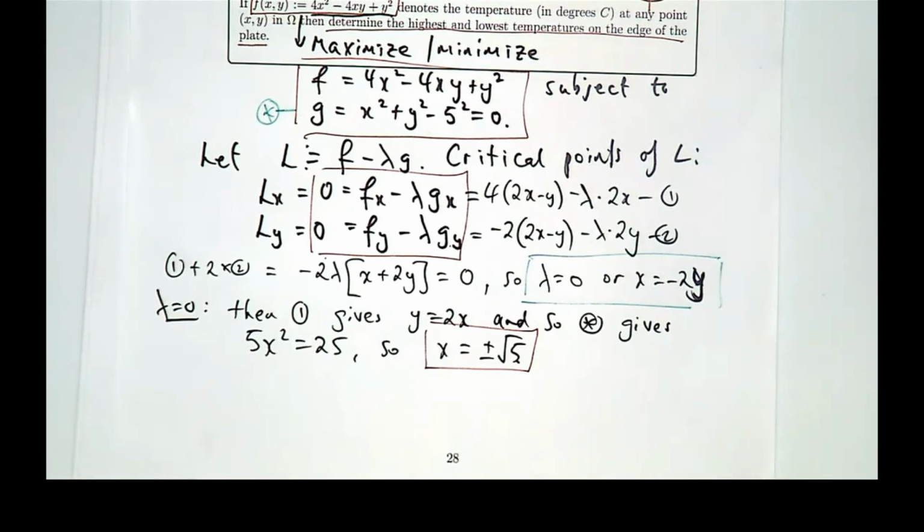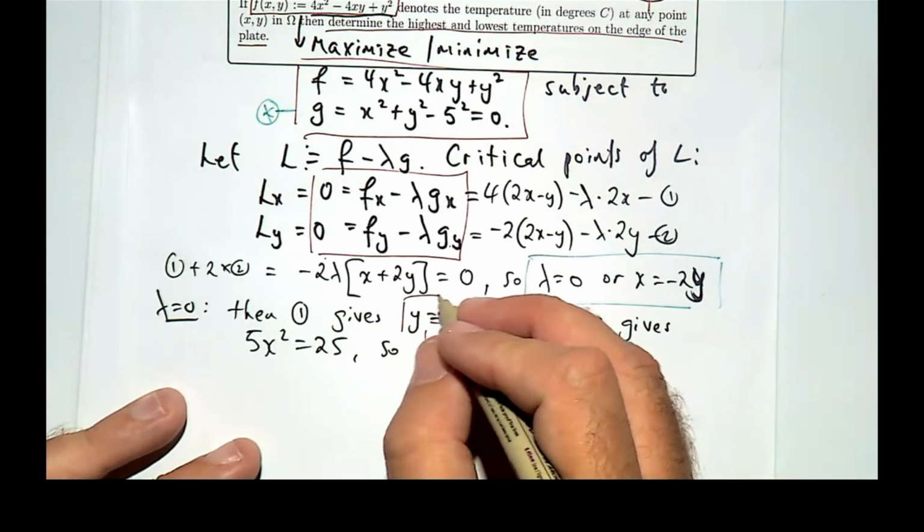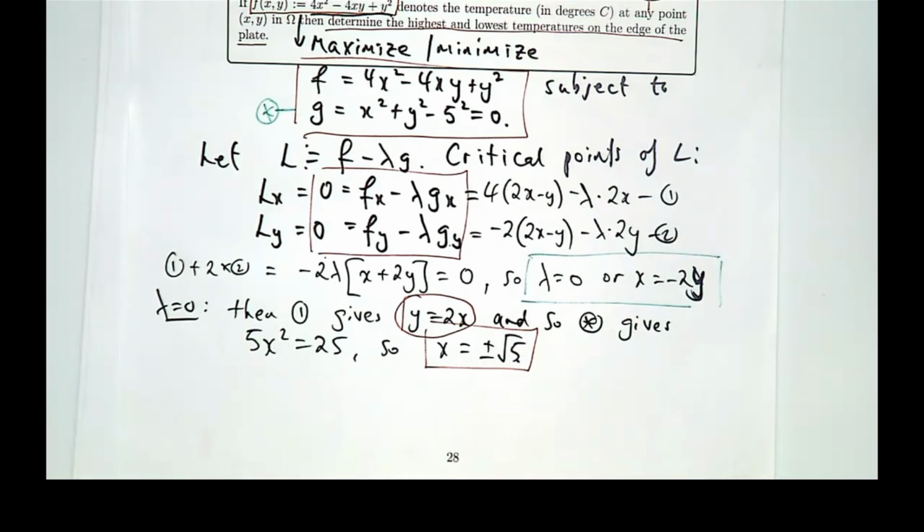Excellent. Okay, so we've got 2 values for x. For this case, let's go back and find the corresponding values for y. Well, it's pretty easy. I can get it from there. So the sign's not going to change.